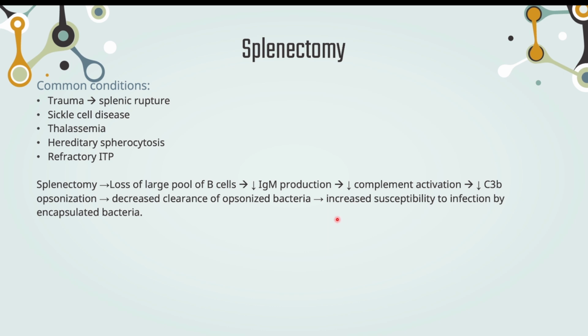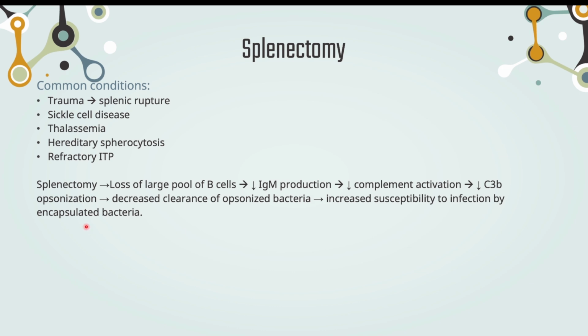This increases the susceptibility to infection, especially by encapsulated bacteria, because clearance of encapsulated bacteria depends on opsonization and phagocytosis. Without opsonization, the macrophages and natural killer cells cannot recognize bacteria, so phagocytosis will be impaired. This is one of the most important defense mechanisms to destroy encapsulated bacteria. So without spleen, there's increased risk of encapsulated bacteria.